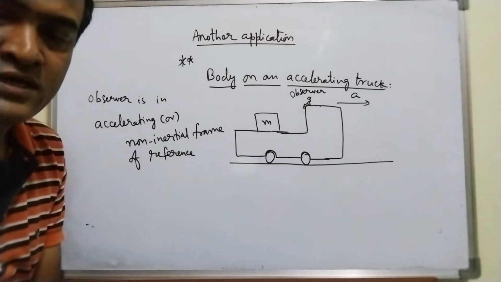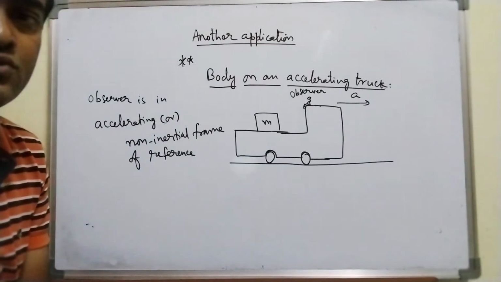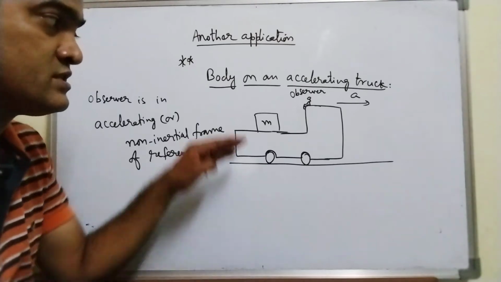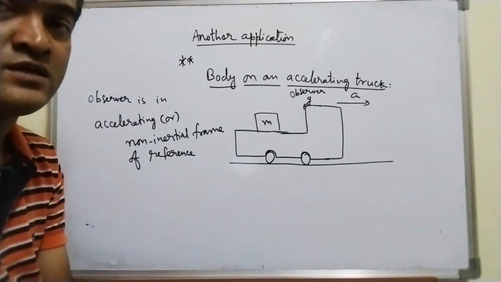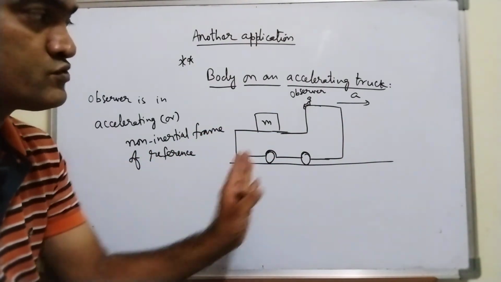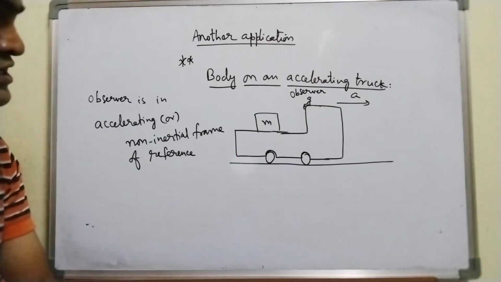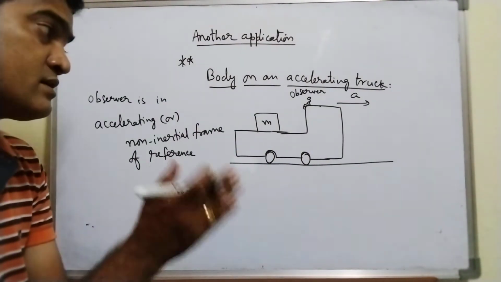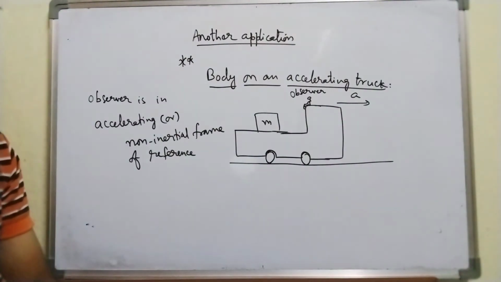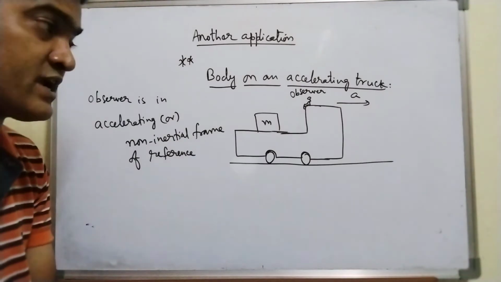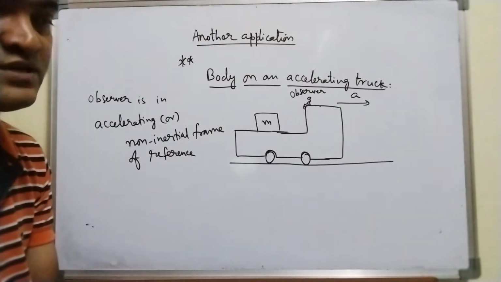Here we consider two cases. Those two cases are like this. In the first, the block does not slide down when the truck is moving in the rightward direction, towards the right side. The block is still at rest. And in the second case, what we'll discuss is, if the block slides down, then what happens? These two cases we'll discuss.